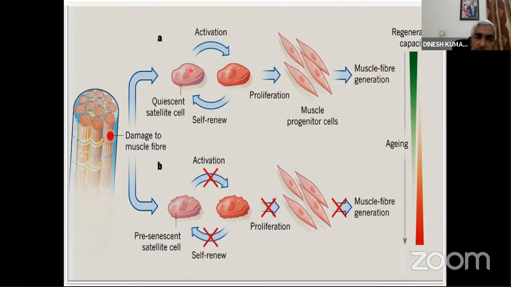This process is very fast. When you grow older, the satellite cell number is less and their capacity is less, so they are not activated as in the young stage, and their proliferation and differentiation are slow, so the generation of muscle is very slow.